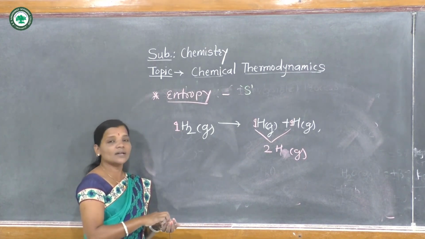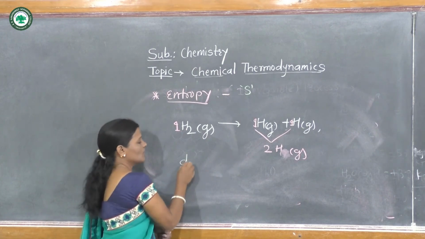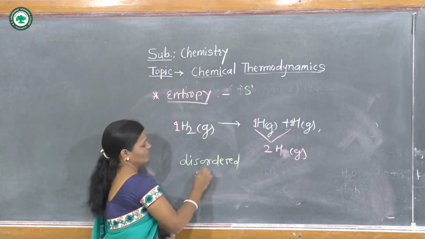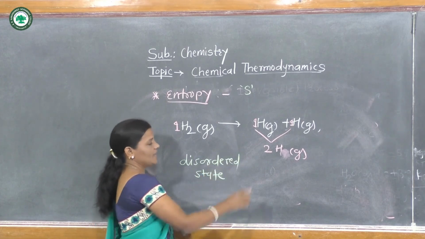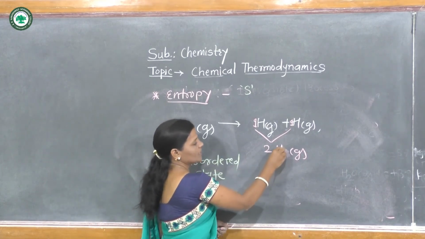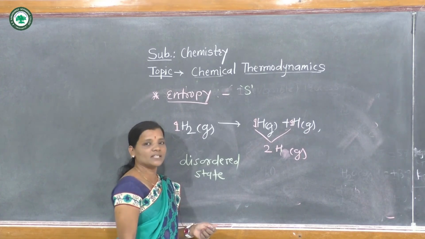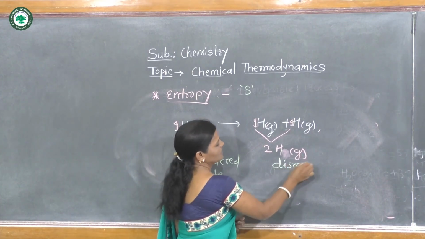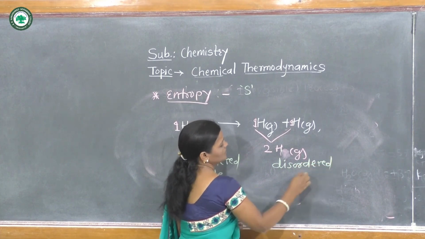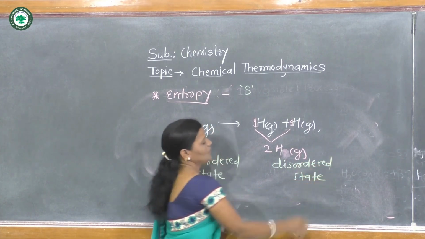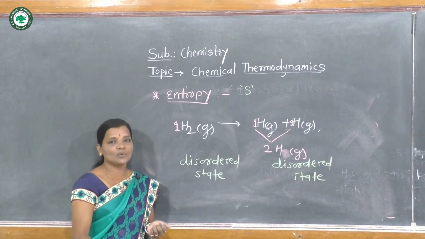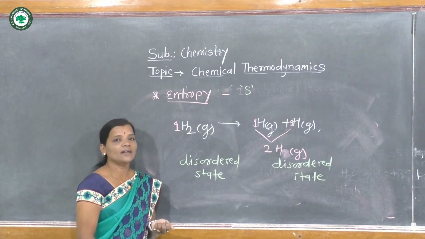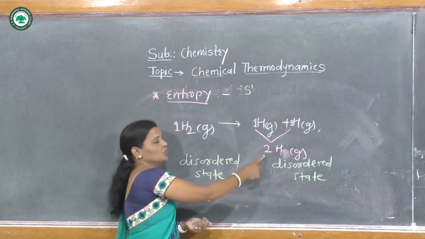On the product side, the hydrogen is also present in the gaseous state, so here also the state is disordered. But if we compare the number of moles on both sides, only 1 mole is present on one side, while here there are 2 moles.